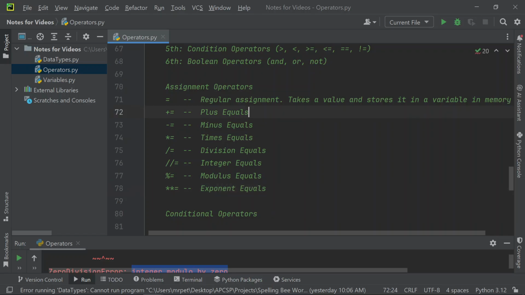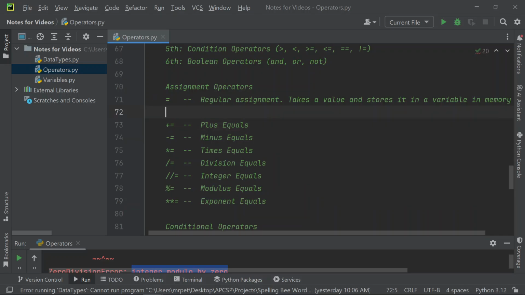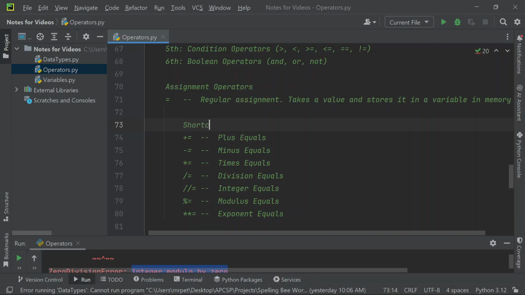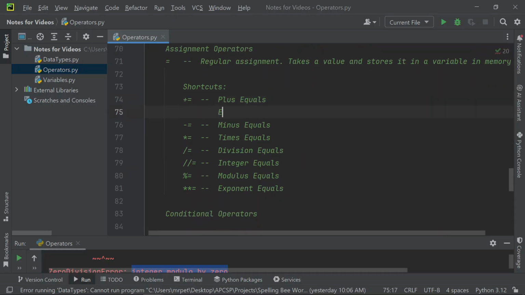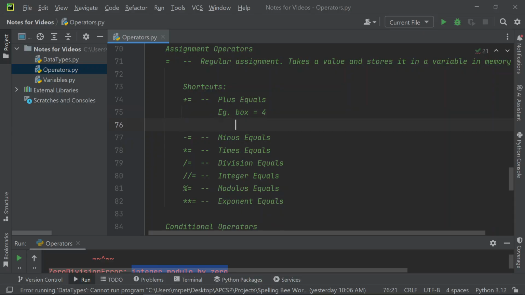All right, but how do they work? So all of these are actually shortcuts. So for example, we got our plus equals. Something we could do is take a variable like box, set it equal to 4, and on the next line take box, set it equal to the old value of box and add 3.